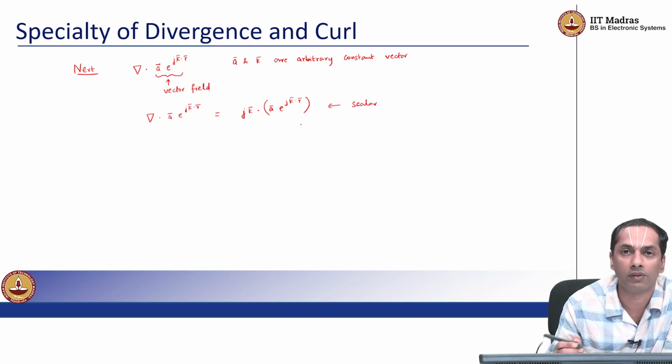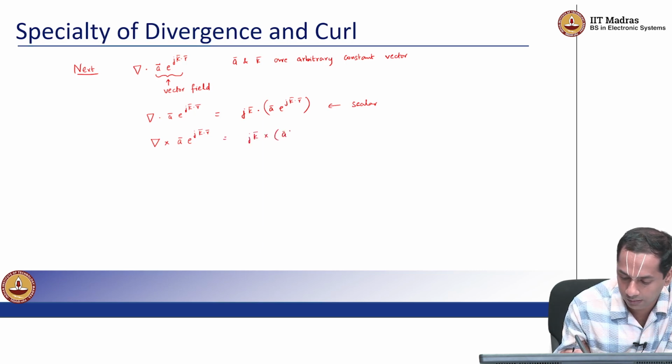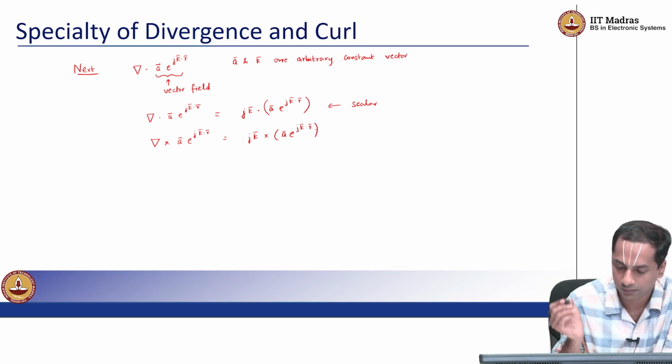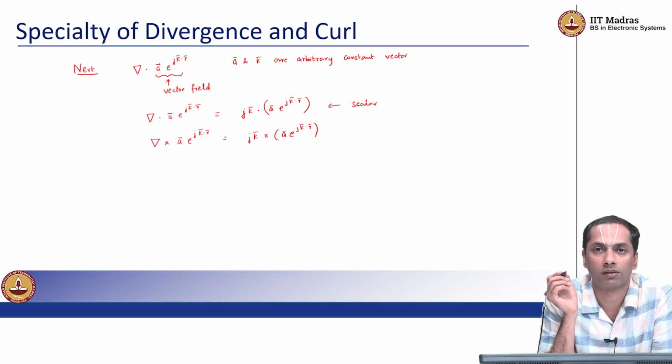So this is very fascinating. If we also do the curl of the same vector field, you can check this again, that you essentially get jk cross a e to the jk dot r, right.